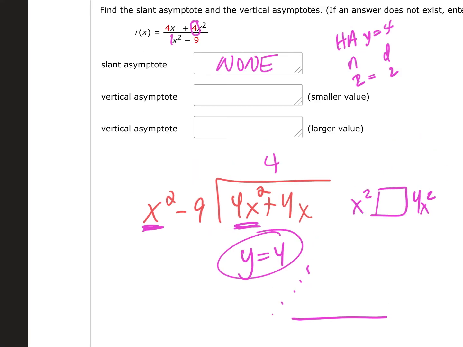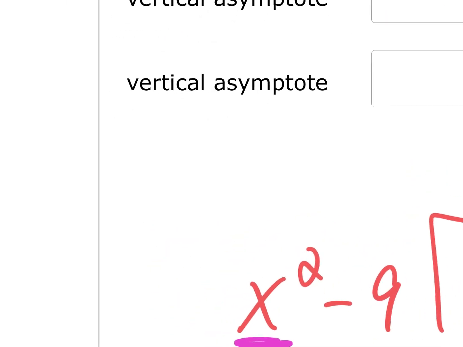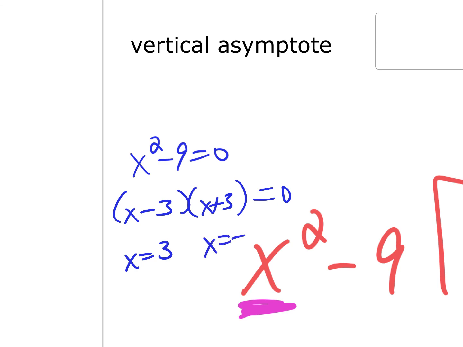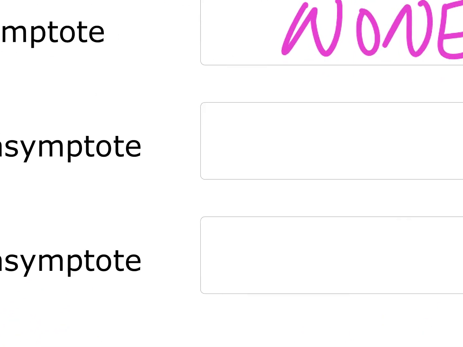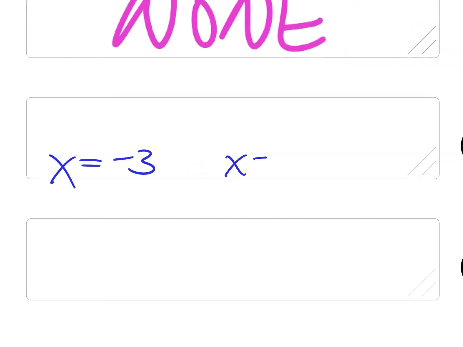Now, vertical asymptote, guys, how would you find the vertical? The denominator set equal to 0, so x squared minus 9 equals 0. Some of you just want to move 9 over. I like to factor, so x minus 3, x plus 3. I get x equals 3, x equals negative 3. I have two asymptotes, one at x equals negative 3 and one at x equals positive 3.